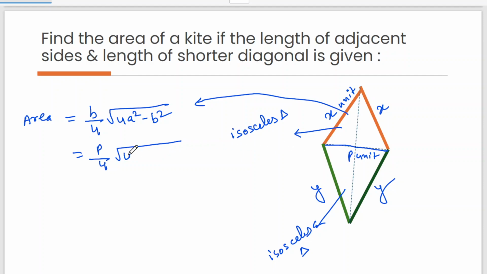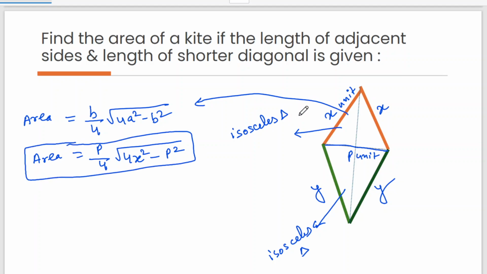Now 4 into what is the value of a? That is the length of the equal side, our x unit. So it is x square minus p square, since b is again p. So we have got the area of triangle 1.